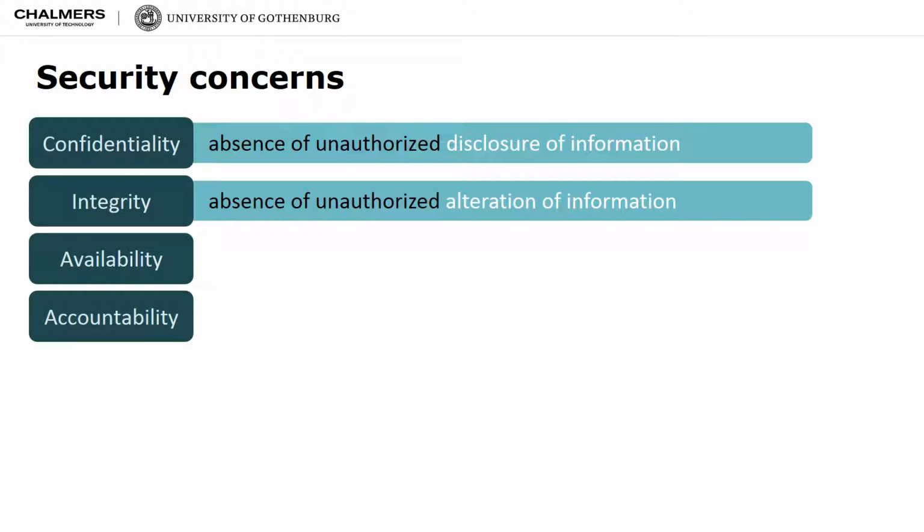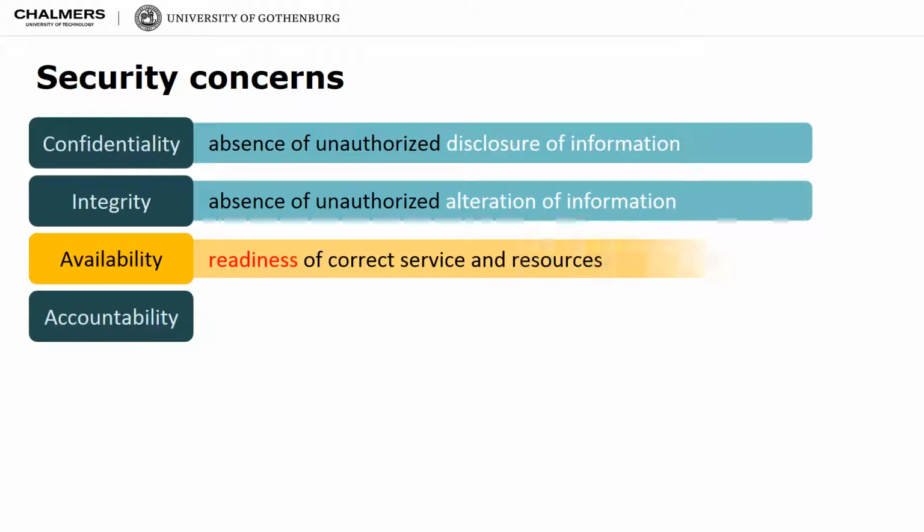So as mentioned before, assets can refer to information, but also to services like web service, like a web server, or also other resources like memory or disk space, for instance.